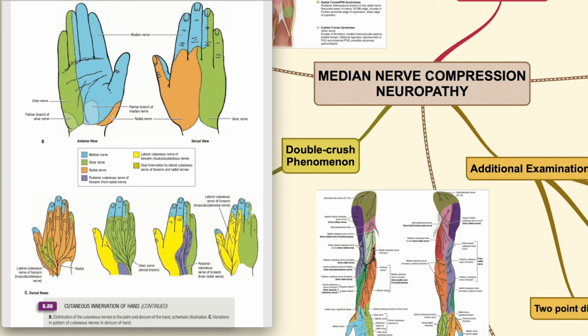And the next important point that I would like to point out is that even at the palmar region of the hand, we can see here that the innervation that comes from the palmar branch of the median nerve is situated only at this small area here, while this huge area is innervated by the proper digital branch of the median nerve, this area here.